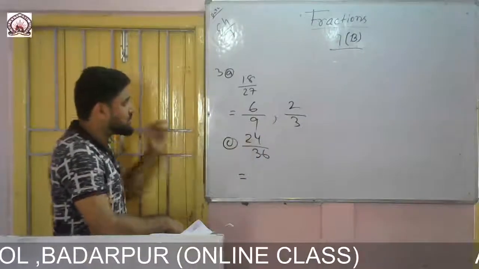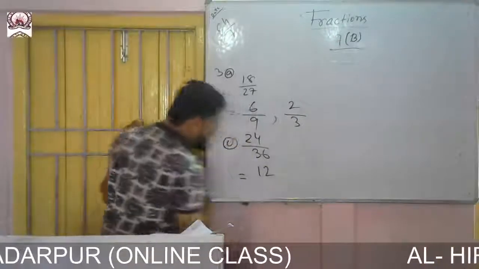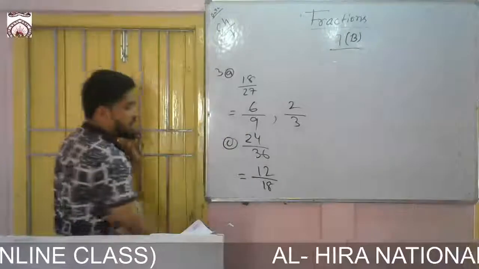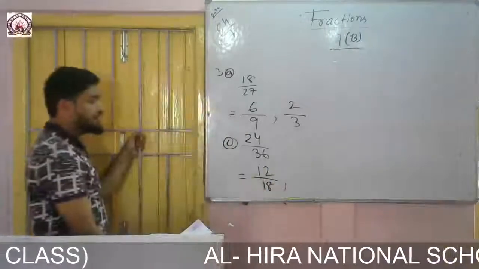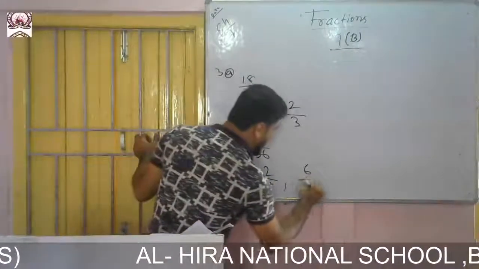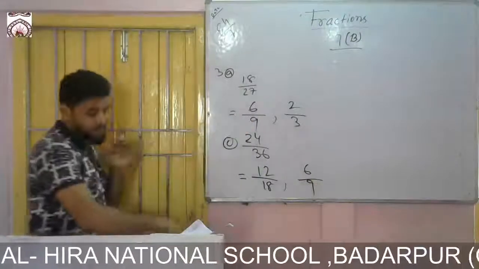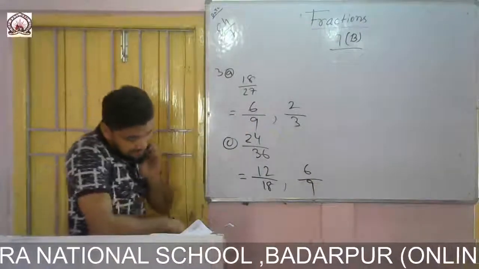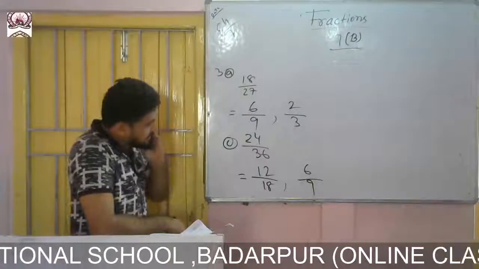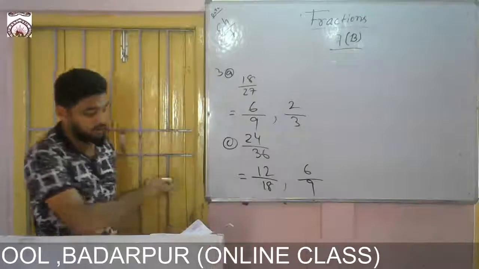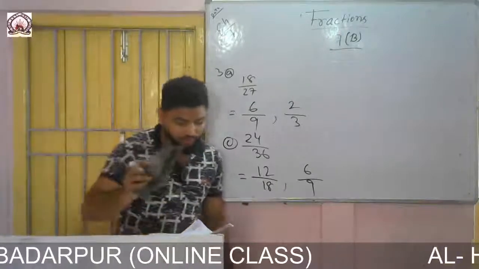So if I divide with 2, then 12 2s are and 18 2s are. Now again if I divide, then 6 2s are and 9 2s are. Okay, 6 by 9. I can divide this one further, but I need to write only 2. So I have written 2.